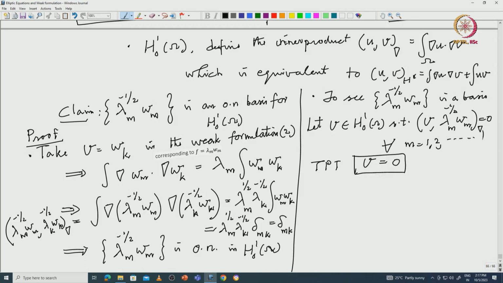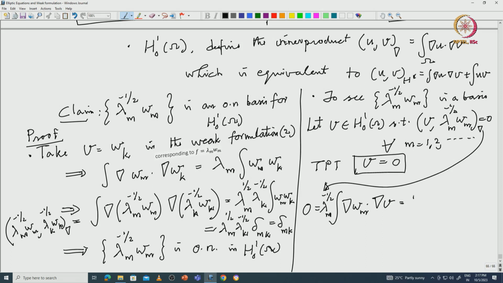So therefore, this gives you 0 equal to the integral of, of course lambda m is a constant, so I can take lambda m power minus half out, gradient of Wm, I can interchange, that is not a problem, gradient of V. But Wm is an eigenvector corresponding to lambda m. Okay.